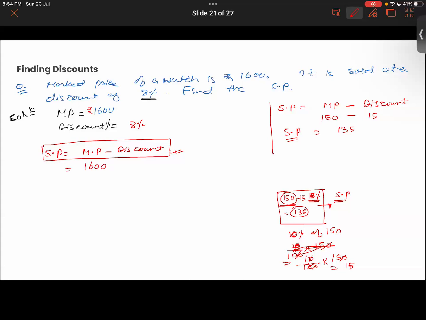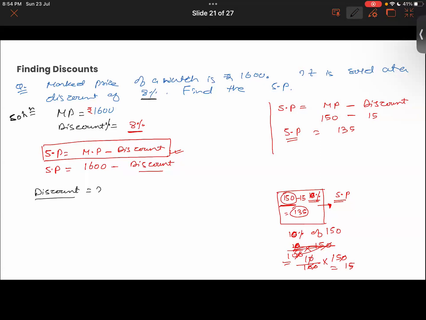Sir, it is 1,512. No, I guess that shouldn't be the answer. Let me solve it, guys. Okay. So in the question, the discount percent is given here, but we need to find the discount. Okay, Arhan and Ahmed. So how do we calculate the discount?